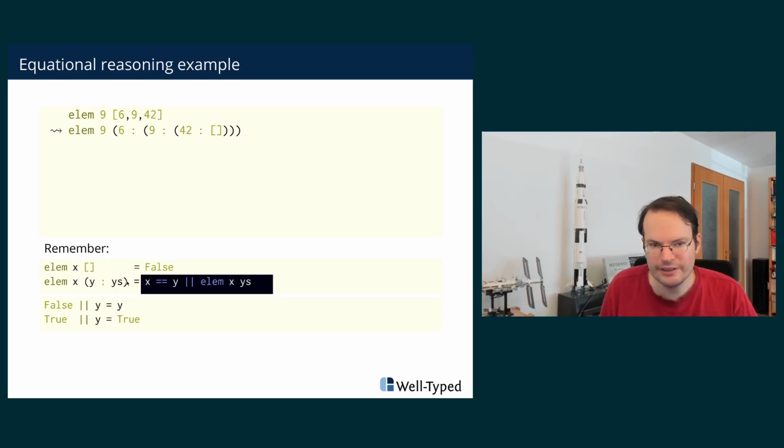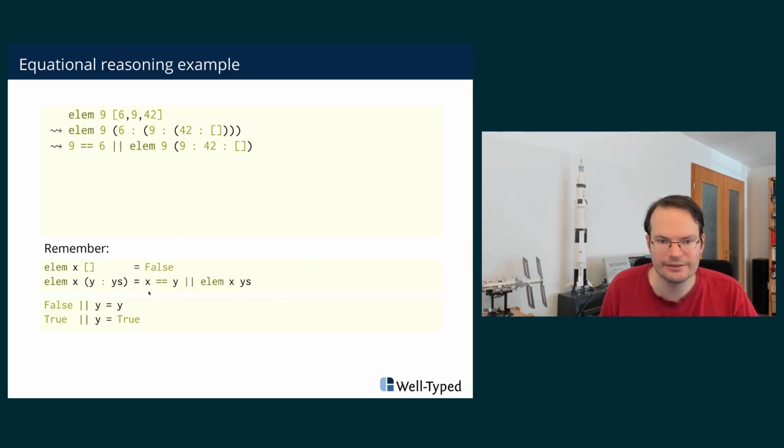And with these three assignments, we replace the left-hand side with the right-hand side. So we get 9 equals 6 because x is equal to 9 and y is equal to 6, or elem 9, and then ys is 9 cons 42 cons the empty list. So this is the next expression that we're getting.